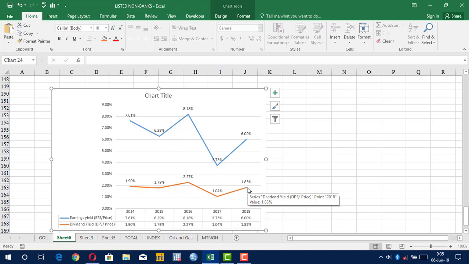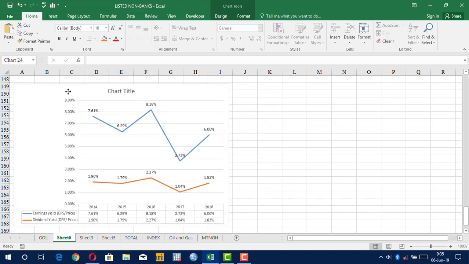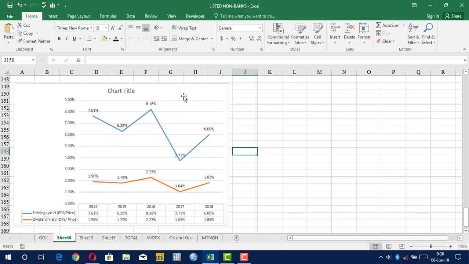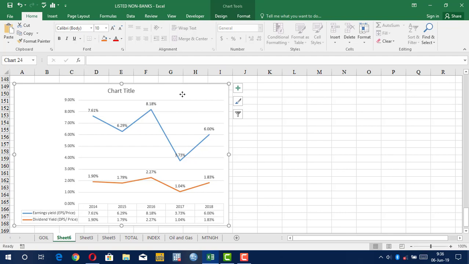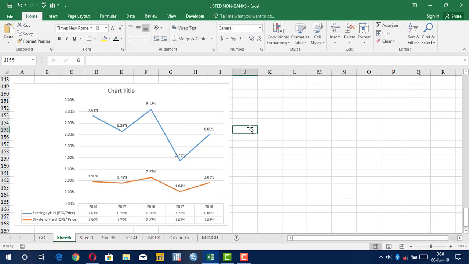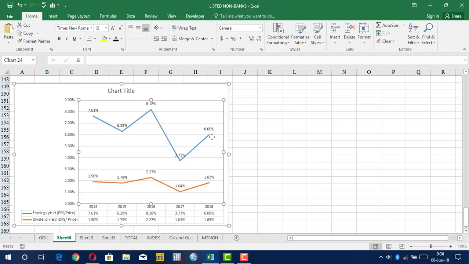These figures speak a lot about the company, and you can use them to tell whether the company is profitable enough on the market for you to invest in it, whether the company is a growth company or a value company. But like I said, you don't base your judgment on just these figures for this company.